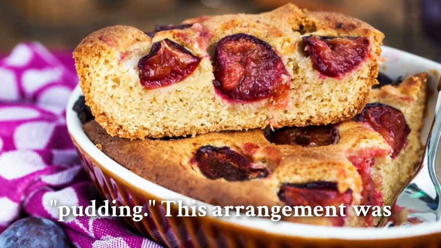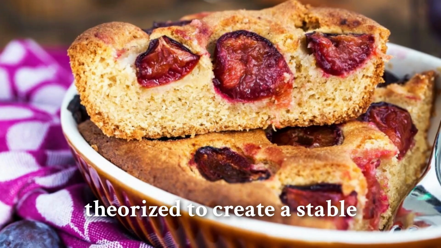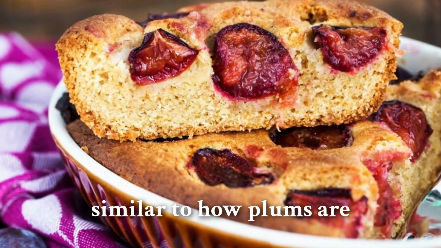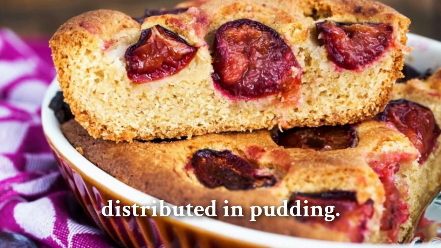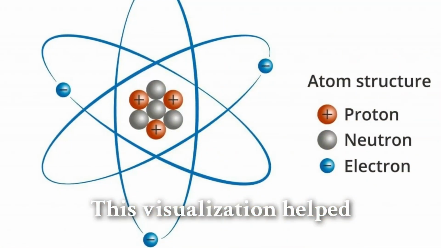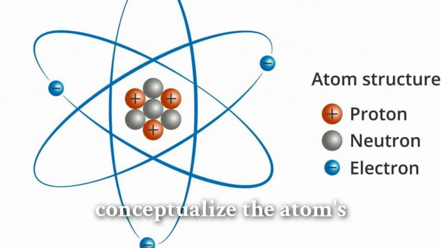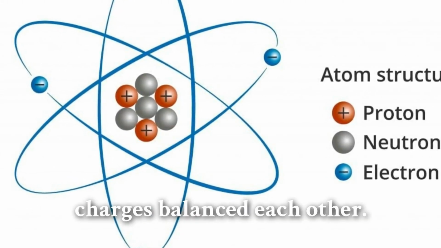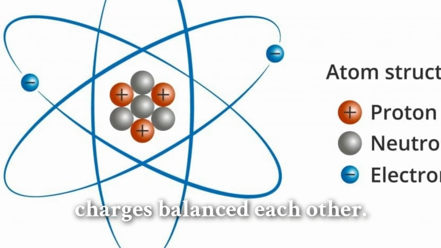This arrangement was theorized to create a stable electrostatic configuration, similar to how plums are distributed in pudding. This visualization helped conceptualize the atom's overall neutrality as the positive and negative charges balanced each other.